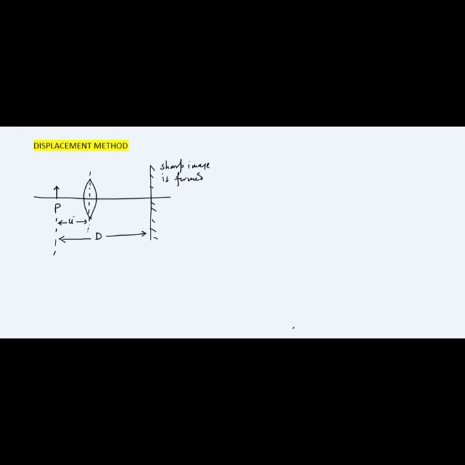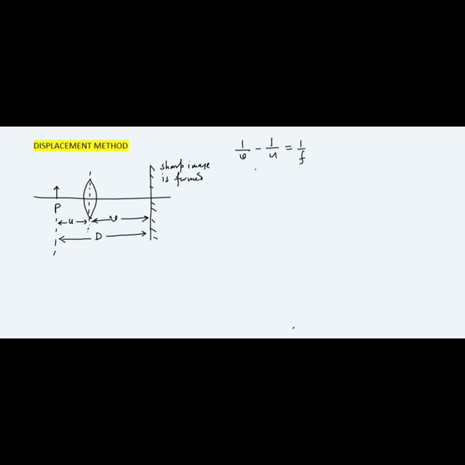Clear? So let us say this is u, the object distance from the lens, and v is the image distance from the lens. What can we do here? We can apply the lens formula, 1 by v minus 1 by u is equal to 1 by f.